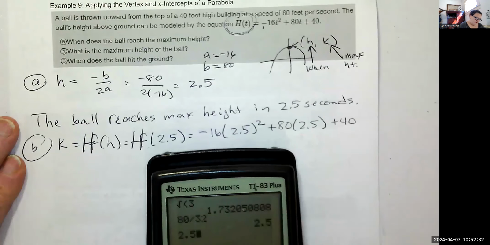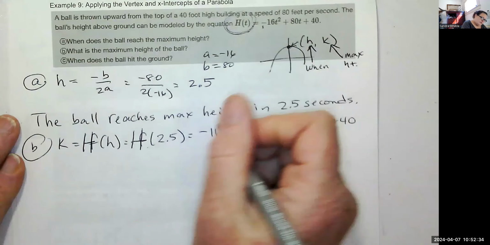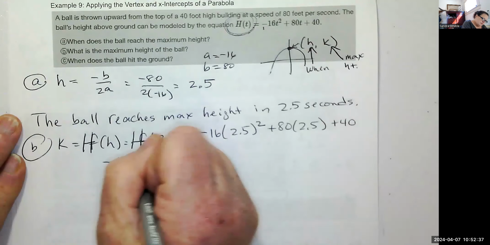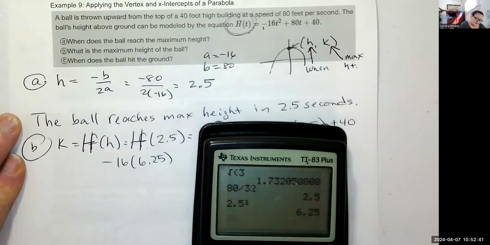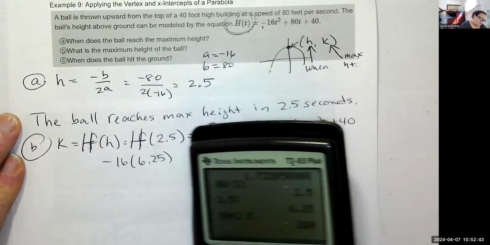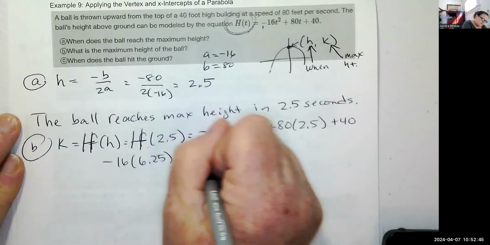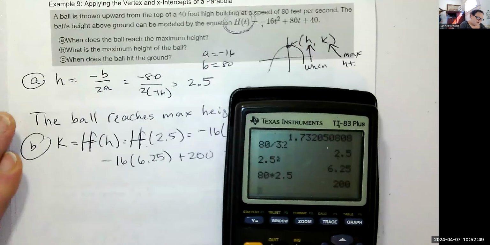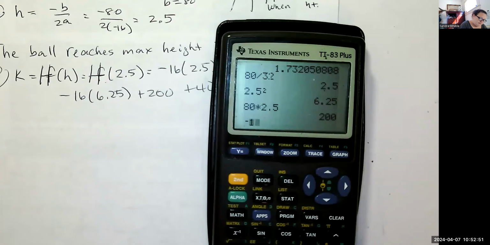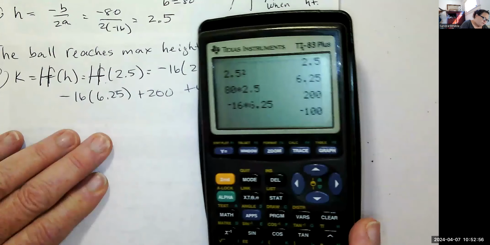2.5 squared is 6.25. 80 times 2.5 is 200. And then plus 40. Now I'm going to finish this out. -16 times 6.25 equals -100.